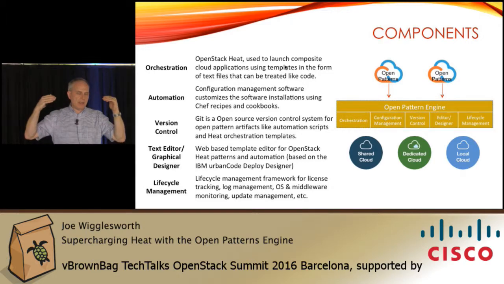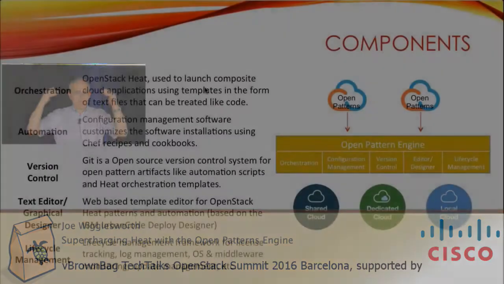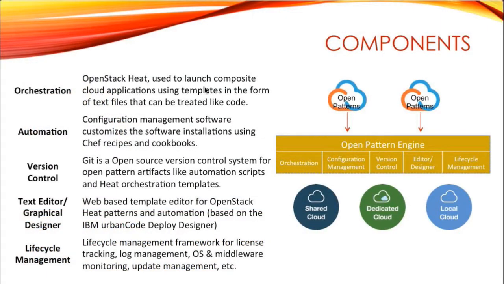So what that would look like here, and the graphic shows it on the right, is we have open patterns, as I've defined at the beginning, that feed into the open pattern engine, the gold bar in the middle, with the different pieces. The orchestration, which for our purposes in our initial run at this is we're using heat for that. The configuration management, which is Chef, providing the automation. Version control, from Git.